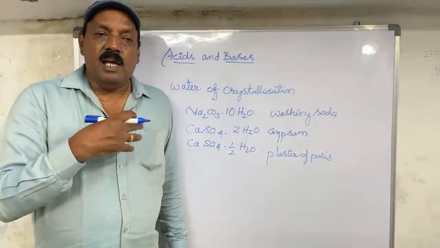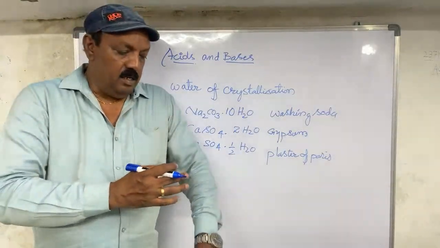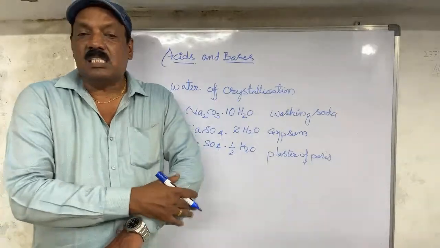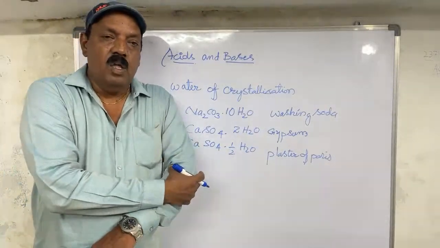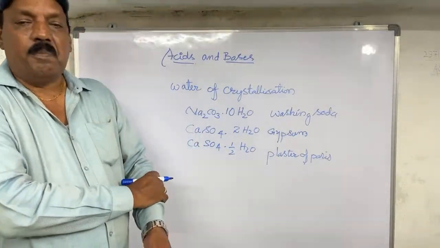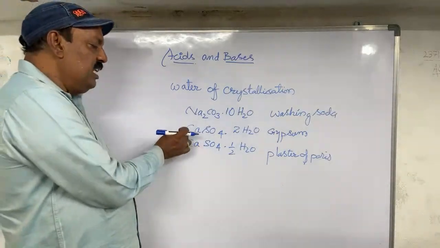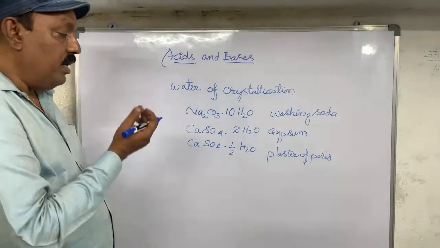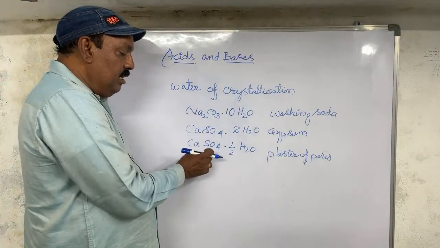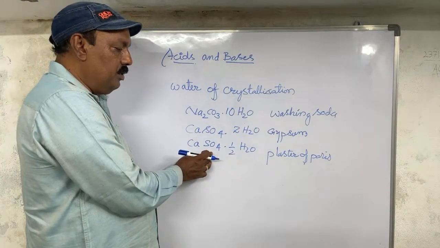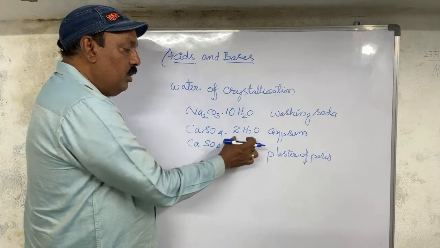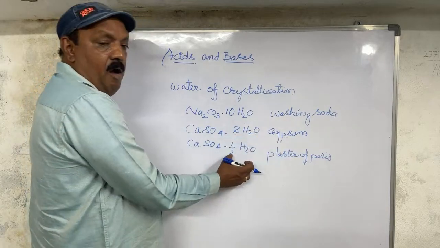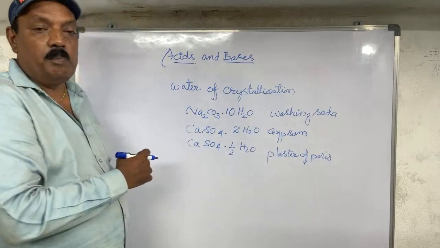Each and every Ganesh idol, and for people who got accidents, the bandages, this substance is most important. You will find a very slight difference between gypsum and plaster of Paris. The chemicals are the same, no doubt, but there are 2 water molecules in gypsum and only half a water molecule in plaster of Paris.